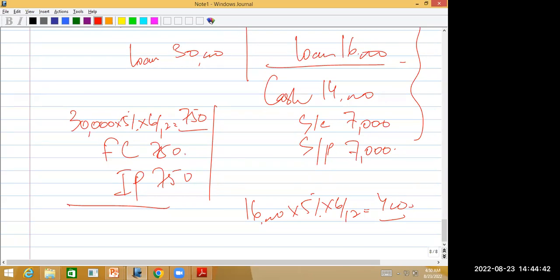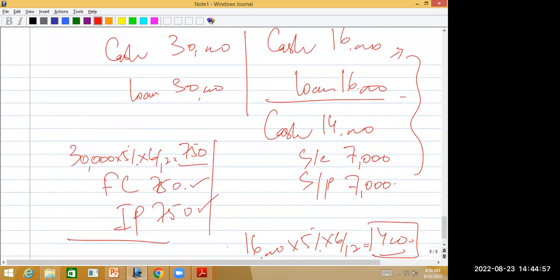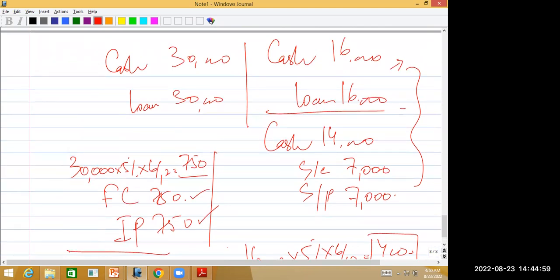Yes. Because they have already charged 750 both in the finance cost and the interest payable account, and the actual amount is 400. So you need to adjust 350 for both the finance cost and the interest payable. Secondly, from the loan account, we have to deduct 14,000,000 and add this amount into the share capital and share premium account.